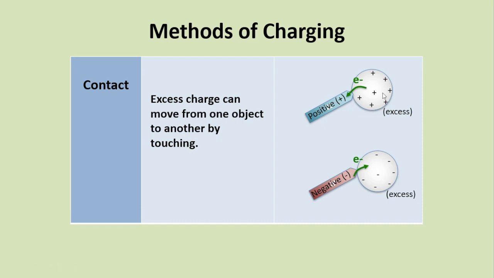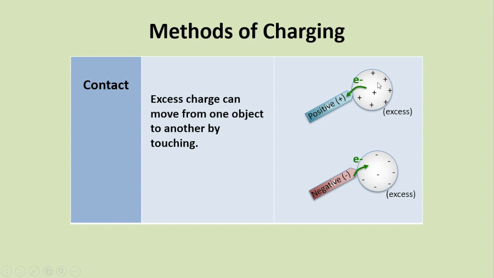So let's say that these objects over here on the right are originally neutral. So this sphere is neutral and this sphere is neutral. After touching, we notice that electrons jump from the neutral object to the positive object because electrons are going to go to an area of less negativity, meaning that they're going to go to an area of the most positivity. As this neutral sphere loses electrons, it's going to become positive.